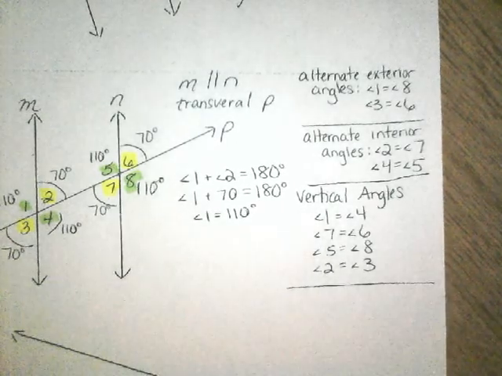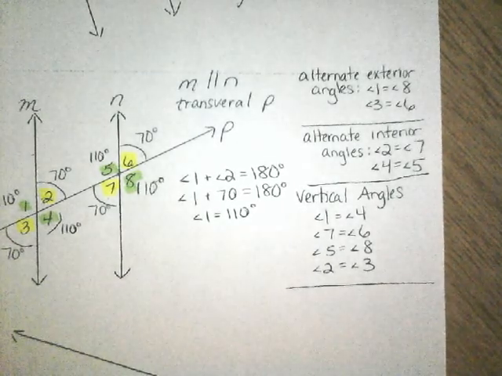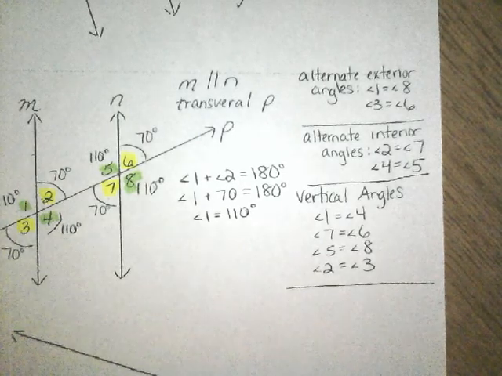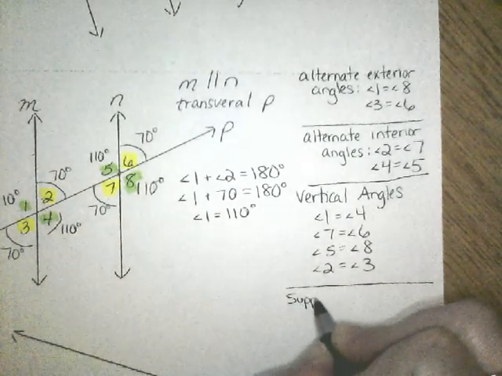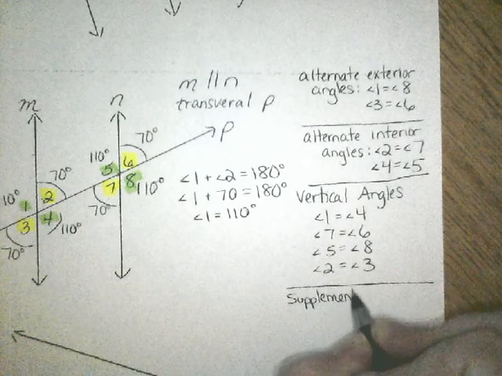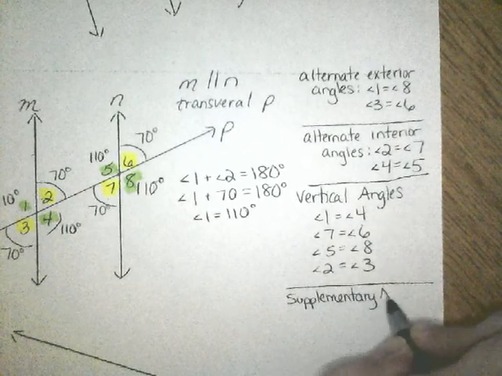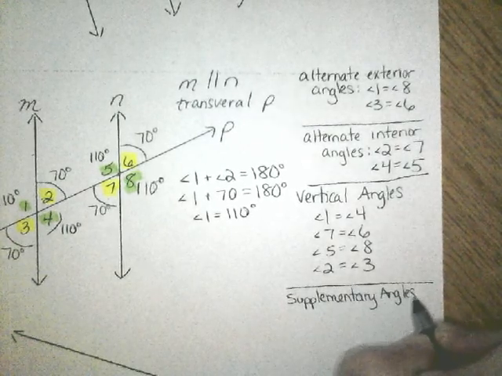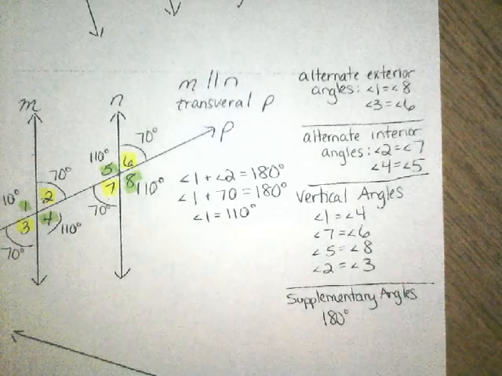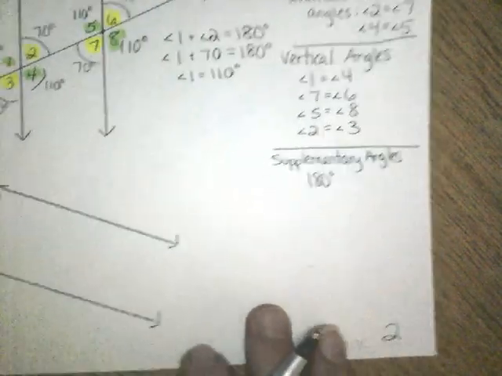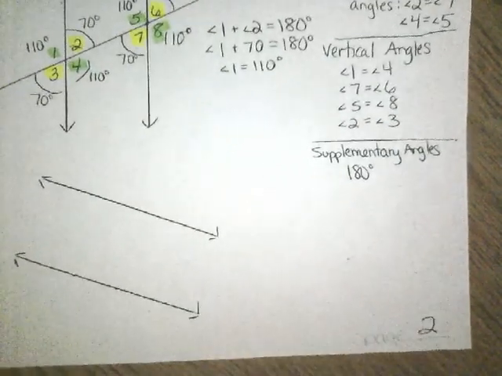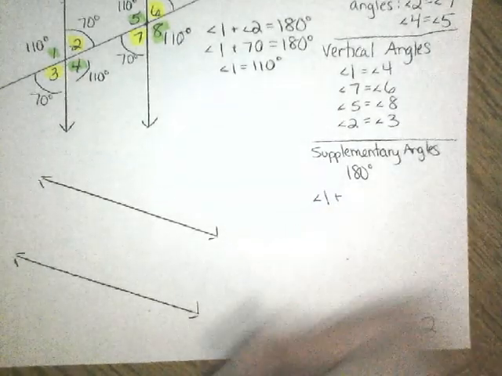And this symbol right here stands for angle. Angles 1 and 7 are alternate exterior angles, and they are equal to each other.